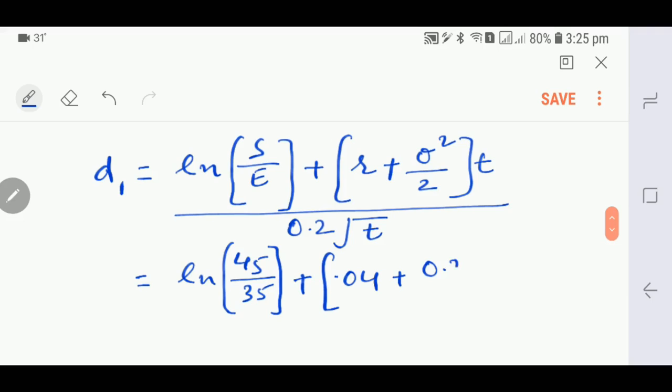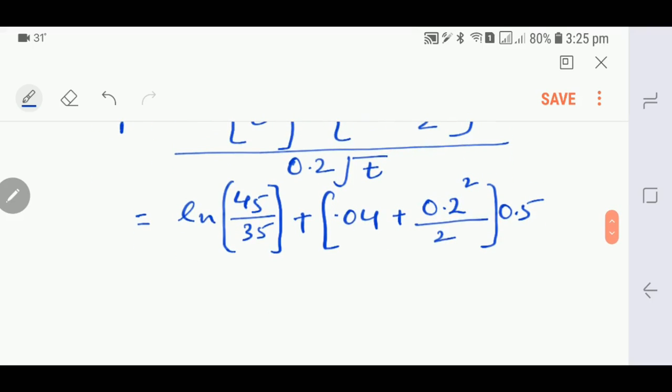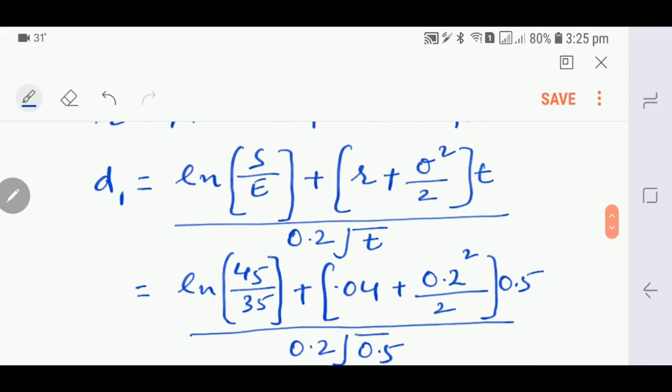So let's write 0.2 squared divided by 2, and we need to multiply this bracket by the time in years, which is 0.5 years, and then we need to divide all of this by 0.2 times the square root of time. In the previous step, when I was writing the formula, I should have actually written sigma, and I wrote the value of sigma there, so I'm correcting that now.